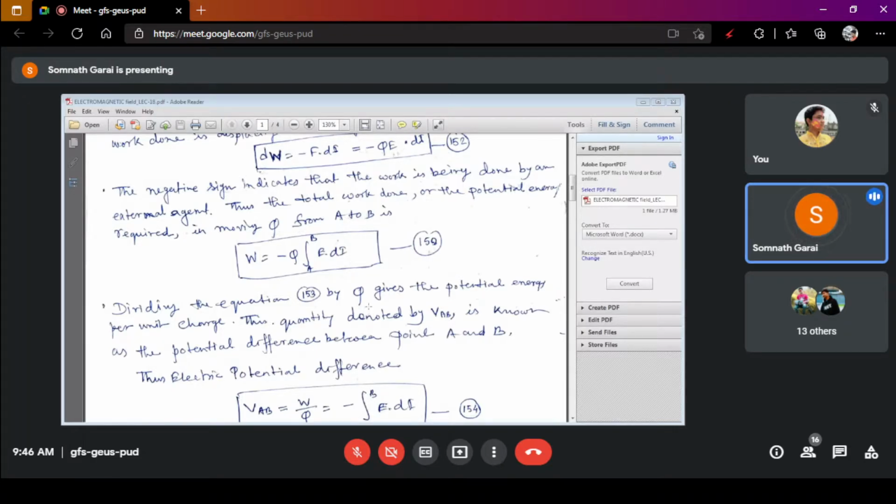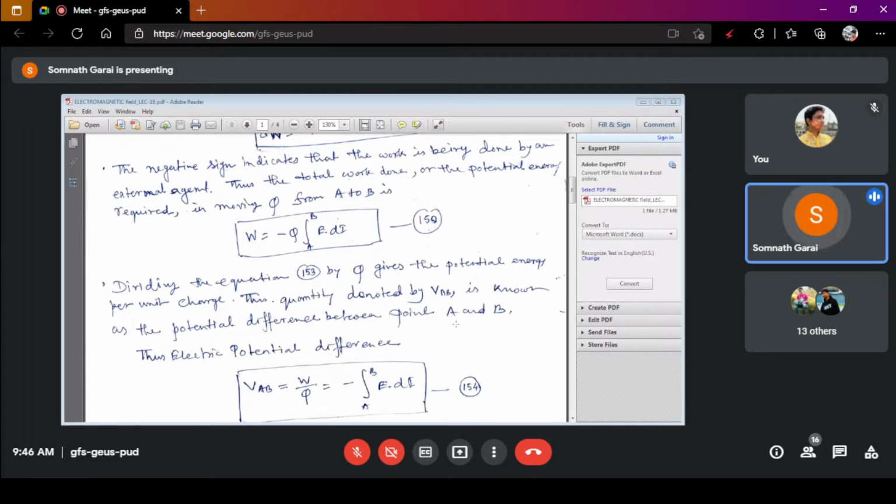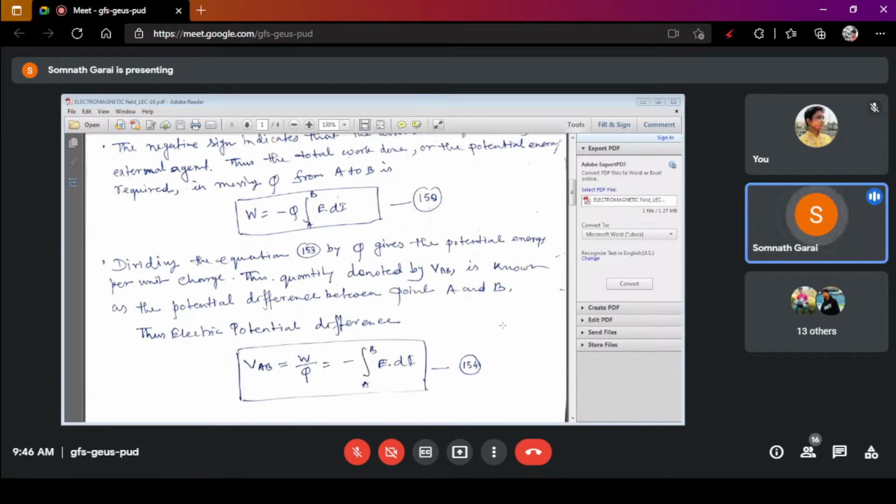The quantity of potential energy per unit charge is denoted by VAB, and this VAB is the potential difference from A to B. So the electric potential difference is represented by the potential energy per unit charge.